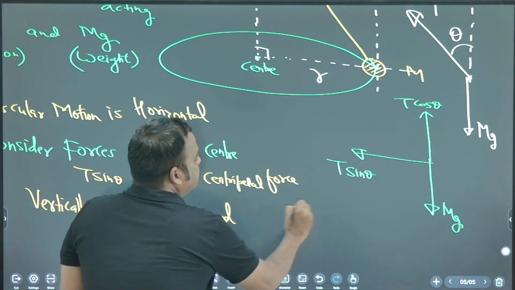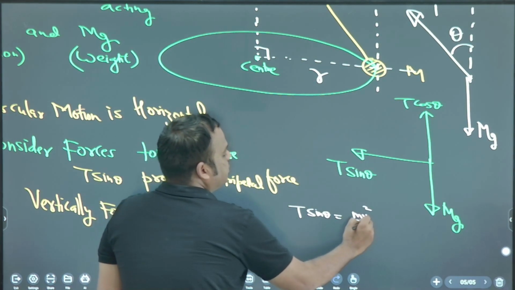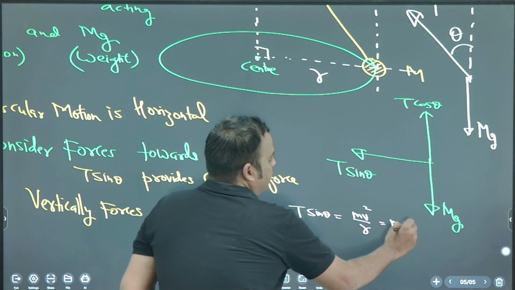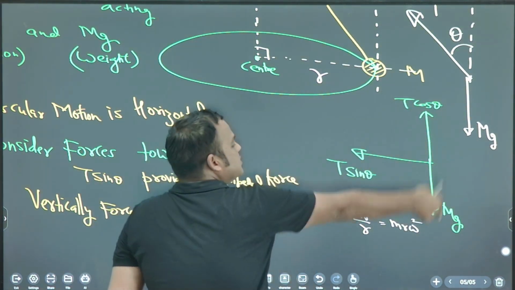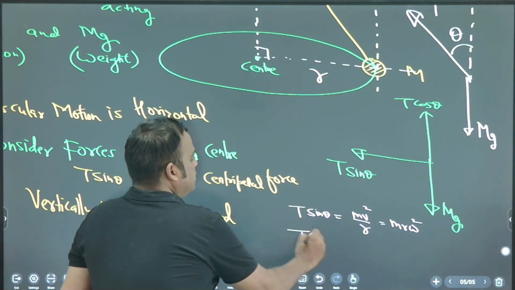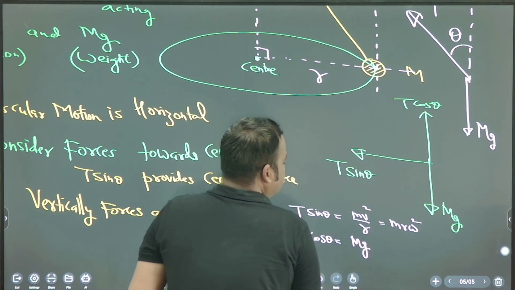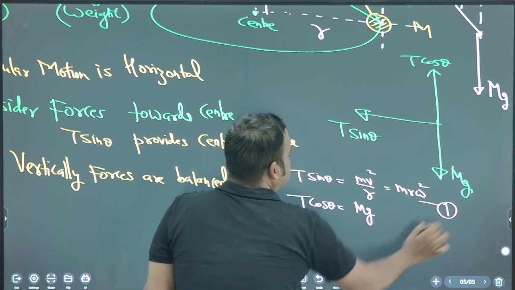So I can say T sine theta is equal to mv square by r, or you can also write m r omega square, and they are balanced. So T cos theta is equal to mg. Okay, fine. So this is the first equation.